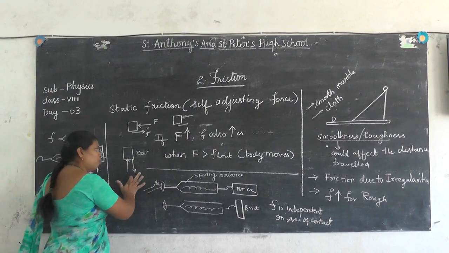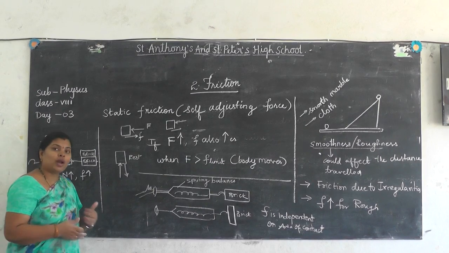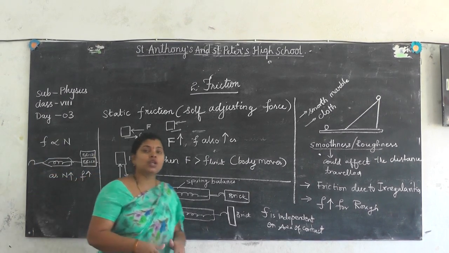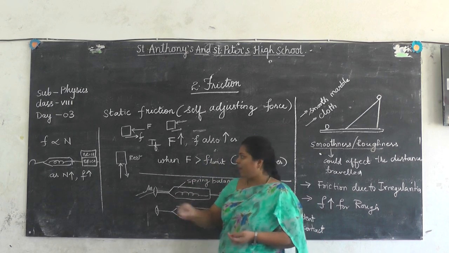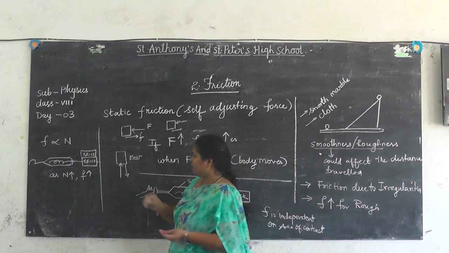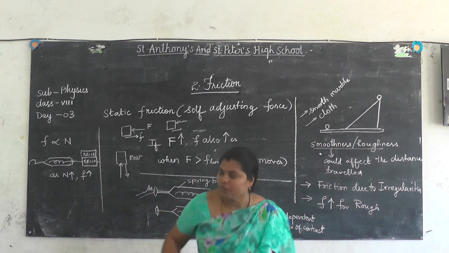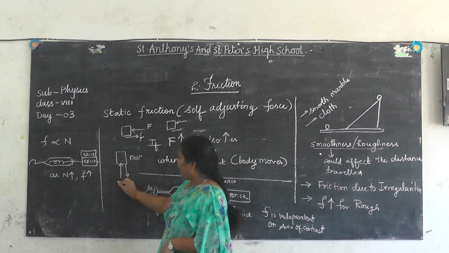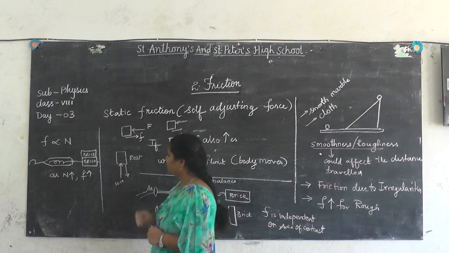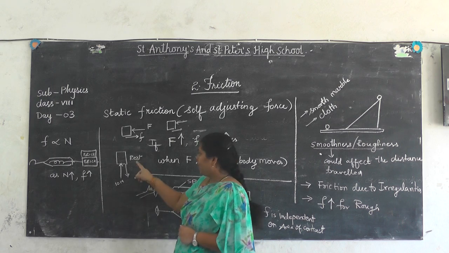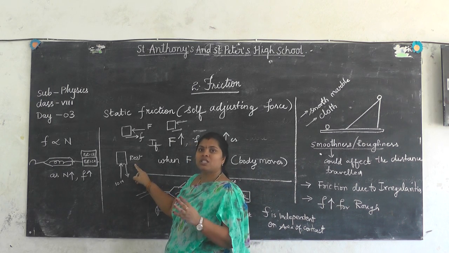Now let me apply more and more force. Even when I apply more and more force, my wall is not moving. For example, I have applied 10 newtons of force. My wall is in rest position, so the net force is 0.